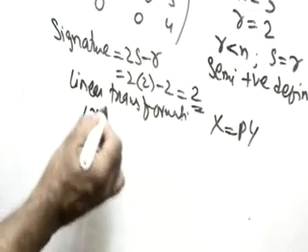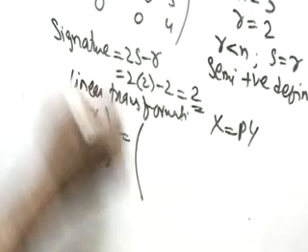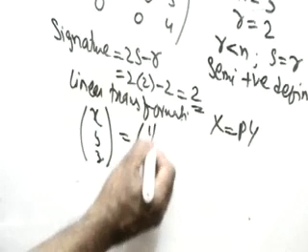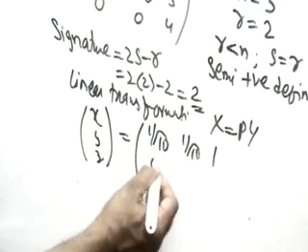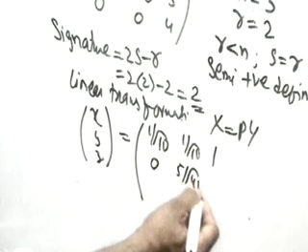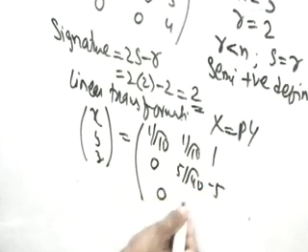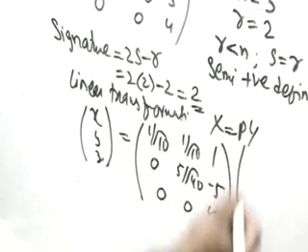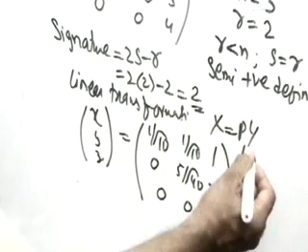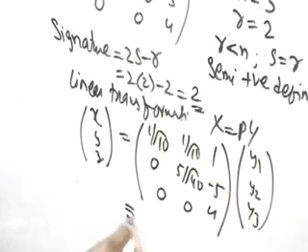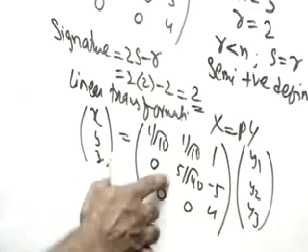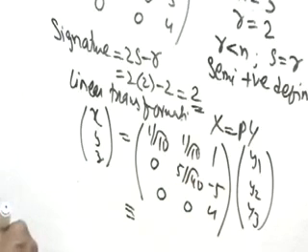The variables x, y, z equals P. The value of P is 1 by root 10, 1 by root 10, 1, 0, 5 by root 10, minus 5, 0, 0, 4, into Y. Y we have taken as y1, y2, y3. So this is called the linear transformation: X equals P into Y.